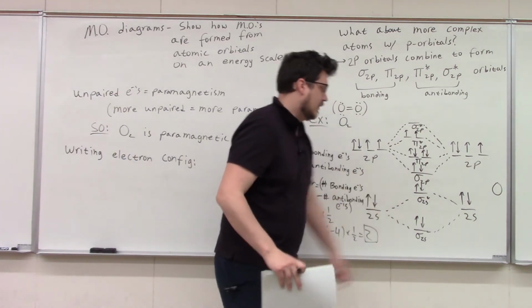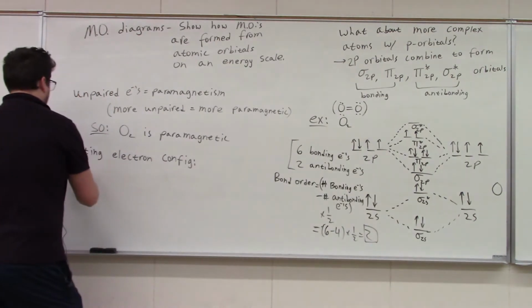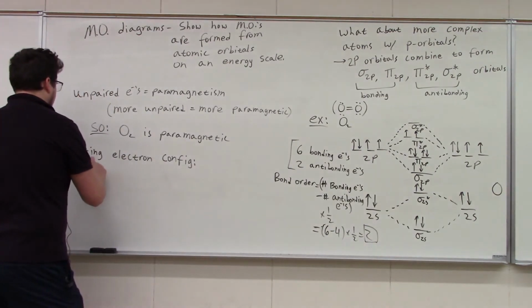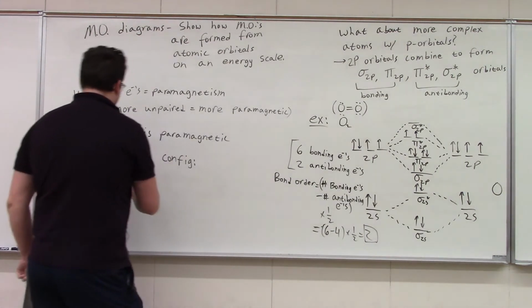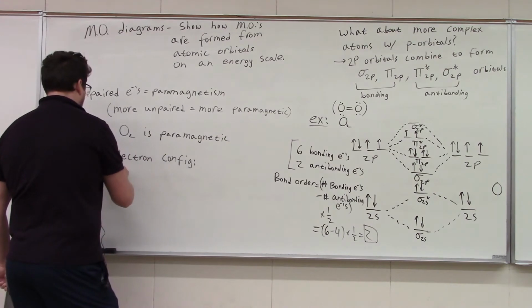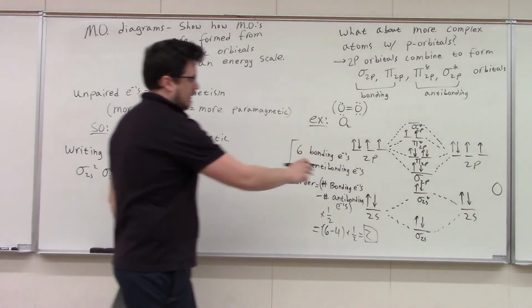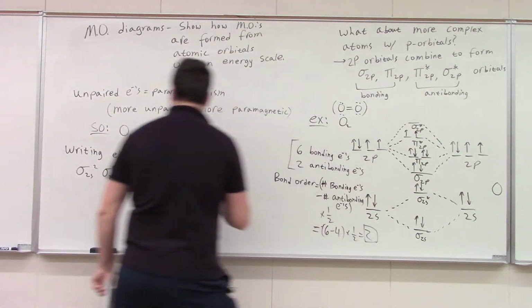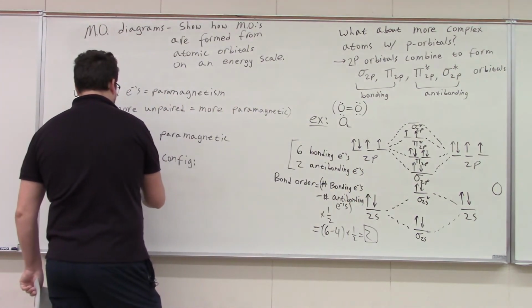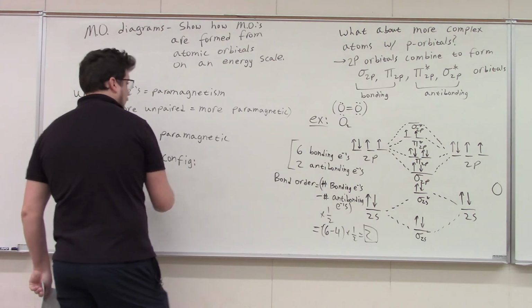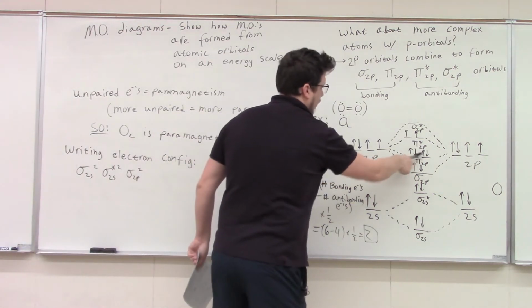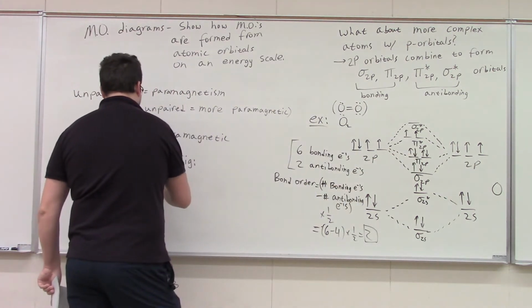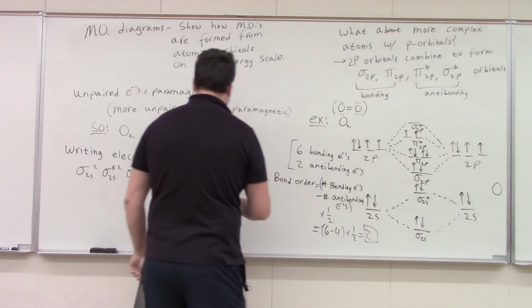So this is a sigma, we just work our way up: sigma 2s2, sigma star 2s2, sigma 2p2, pi 2p, I got 4 there, so pi 2p4, and pi star 2p2.